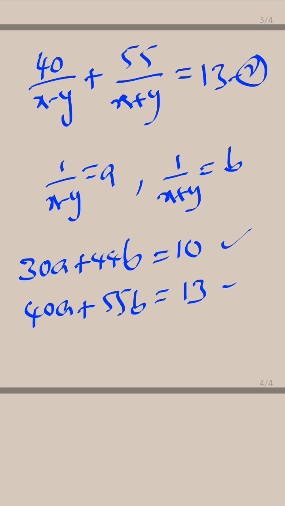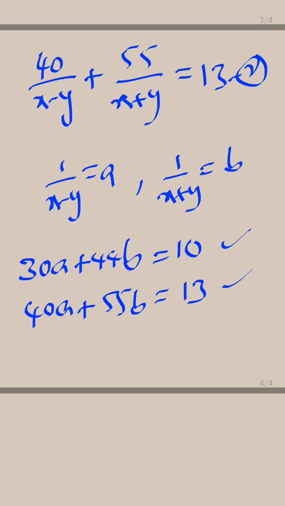The two equations are reduced into another pair of linear equations. If we solve these two, we'll get the a value and b value. After finding them, we can find the x value and y value also.